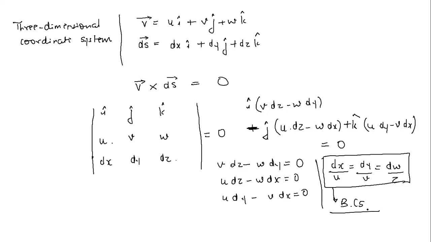Now let me take you to another important concept, that is called path line. Just remember that this is an outcome of the Lagrangian approach.